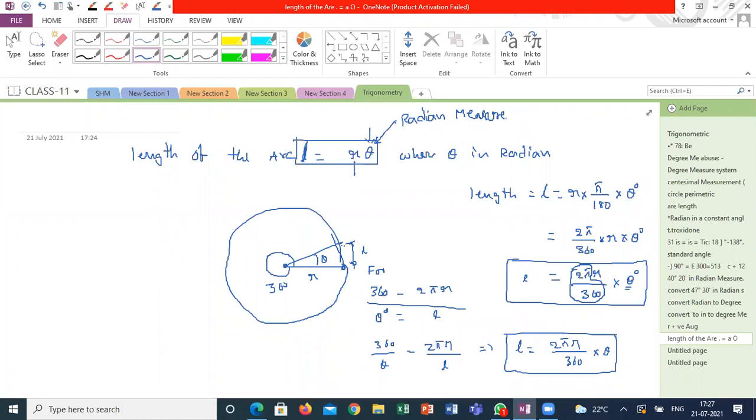Let's see in numericals when you have to use the angle measure. Suppose I have a question like this.